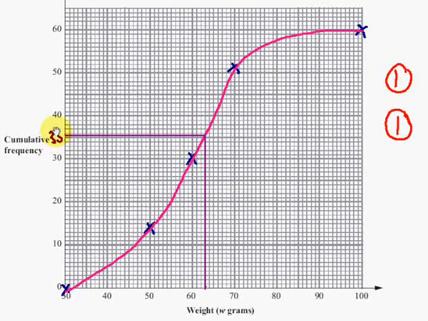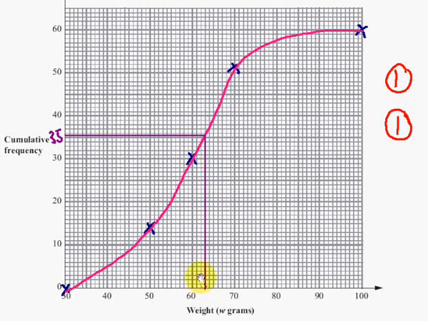Okay, so that means there are 35 eggs which have a weight of up to 63 grams. Okay, so there are 35 eggs that have a weight that's up to 63 grams.